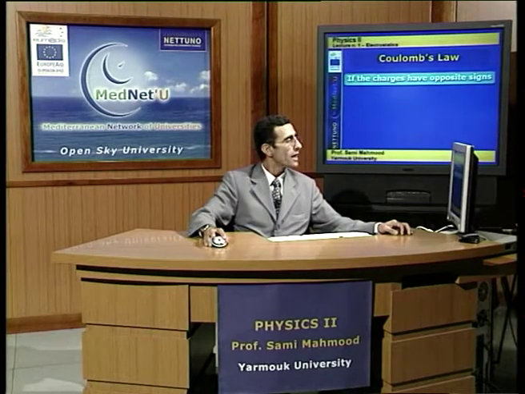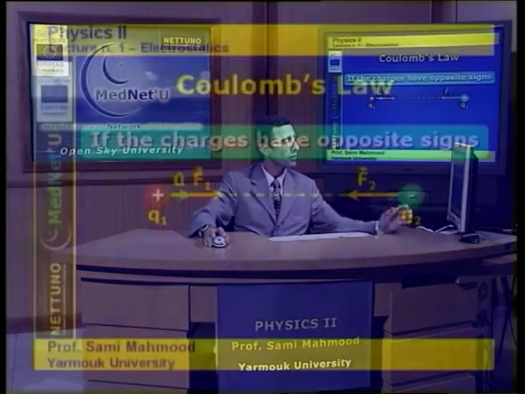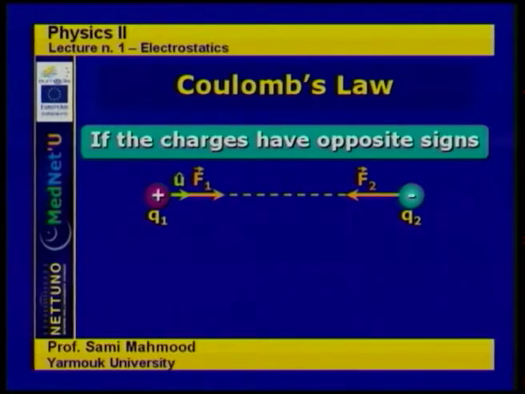And now, if the charges have opposite signs, one of them positive and one of them negative, then the force exerted on charge Q1 is in the same direction as U hat, which means that the force F1 is directed towards the charge Q2, towards the charge which is interacting with it. So we realize that in the case of similar charges, the force exerted on one of them is directed away from the other charge.